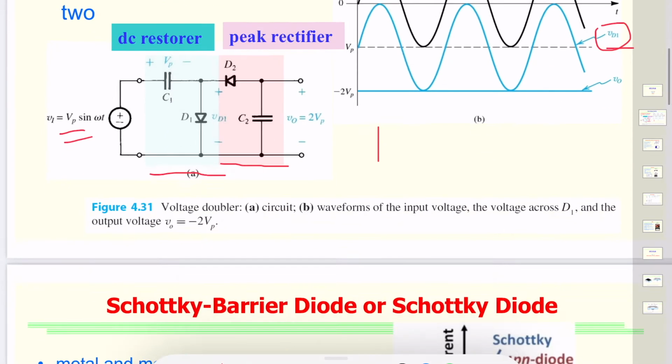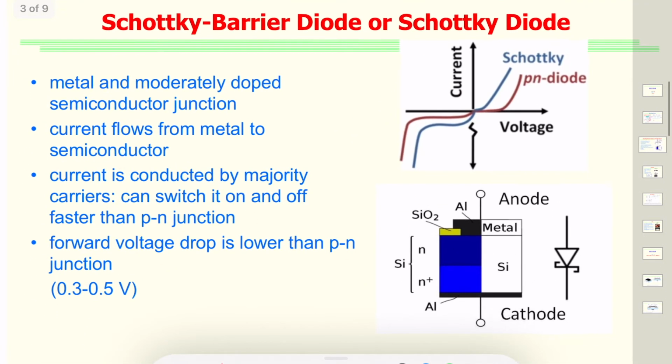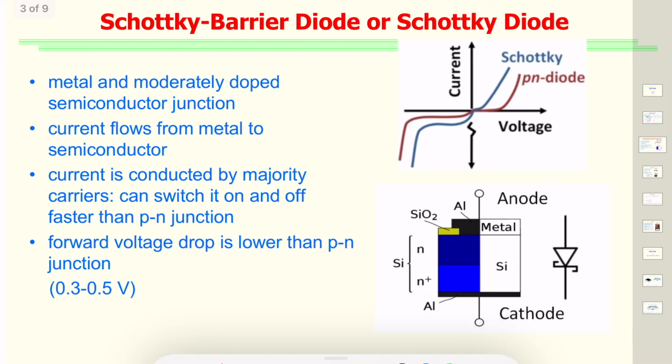Another application is what we call Schottky diodes or Schottky barrier diodes. This is formed by bringing metal into contact with a lightly doped N-type semiconductor material. So this is what is shown on one side. Sorry, this is silicon and this is metal which is connected on top of silicon.